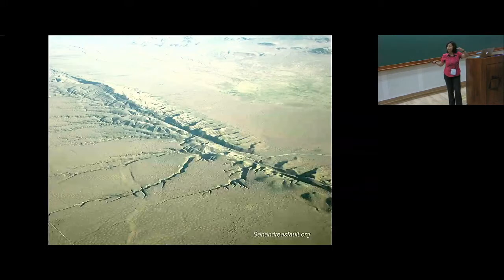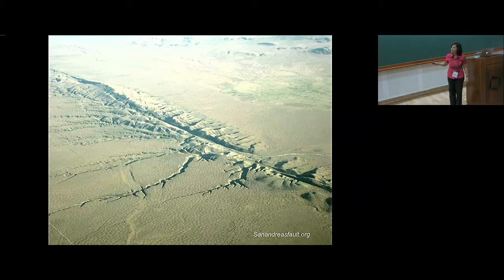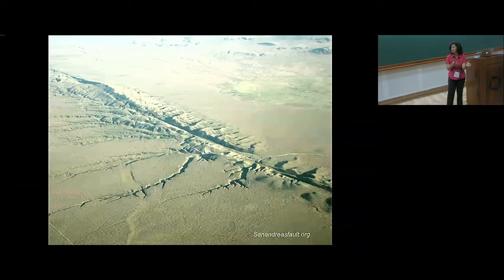You can actually see the trace of the San Andreas Fault on the surface of the Earth, okay? And this region marks the boundary between the North American and the Pacific Plate, okay?